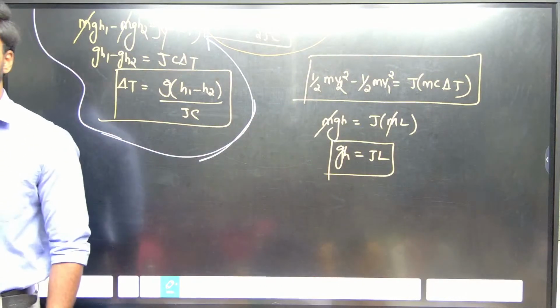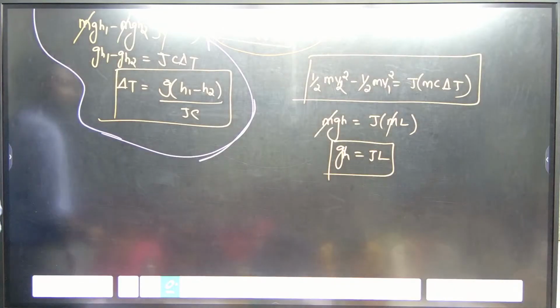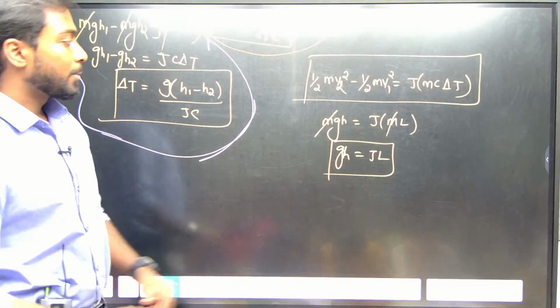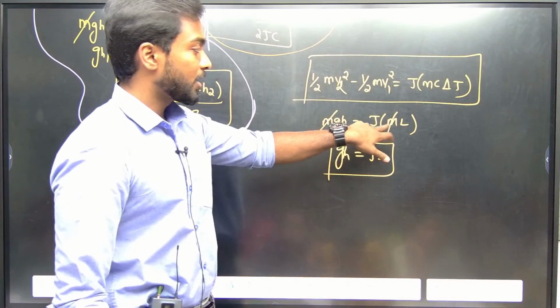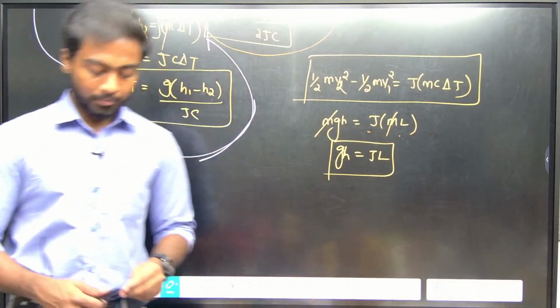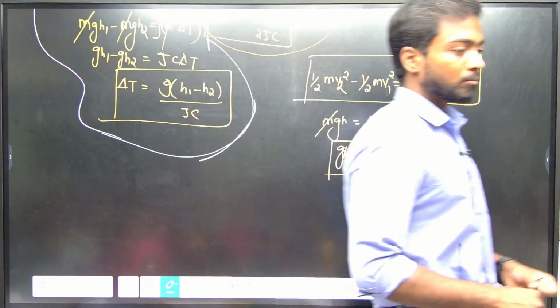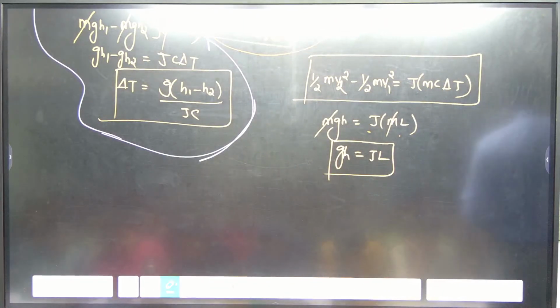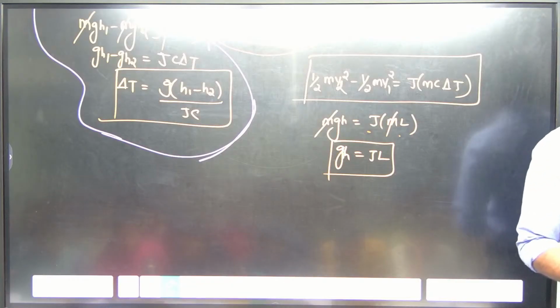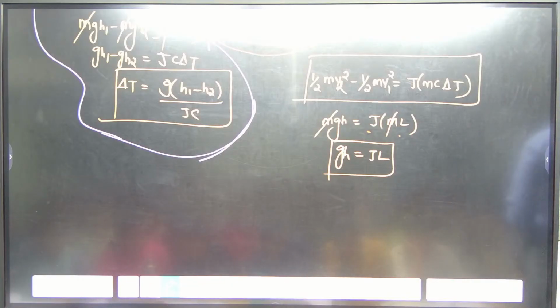Then the formula will be m g h equals J into m into L. Okay. Write down. What happened?